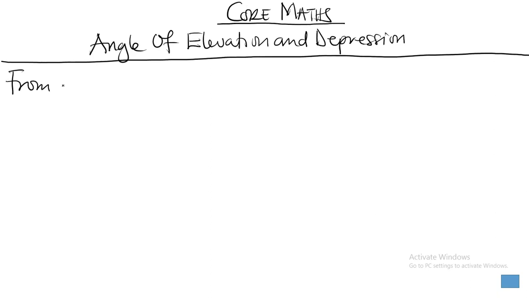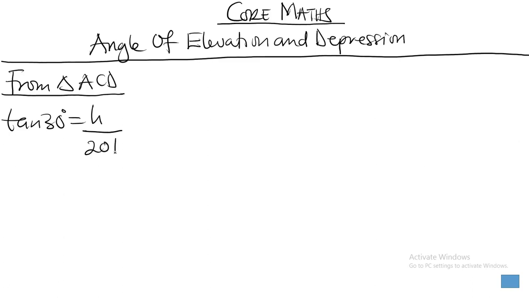So from triangle ACD, tan 30 degrees will be equal to H on 20 plus x. Making H the subject, we are going to get 20 plus x into brackets tan 30 degrees to be equal to what?